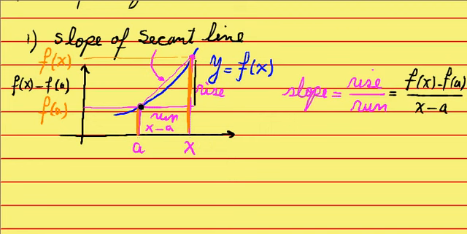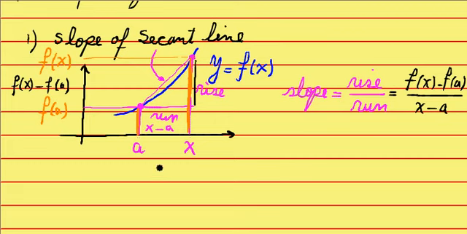Remember, a was a base of operation, x was some other point at which we have selected a point on the graph of a function, drew this line, and called it the secant line. The slope of it is just the ratio of rise to run. All we need to know is how to use this function notation to carry out these steps.